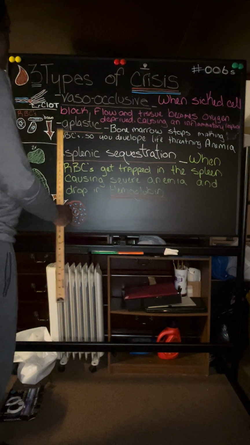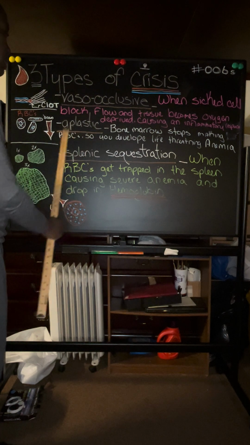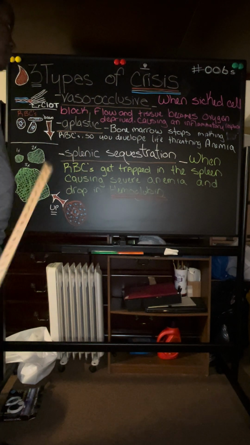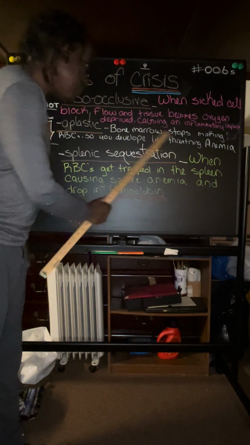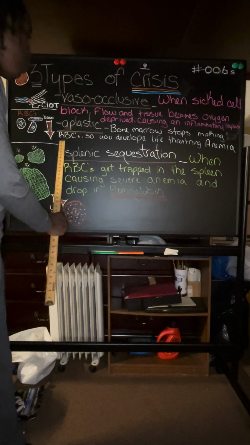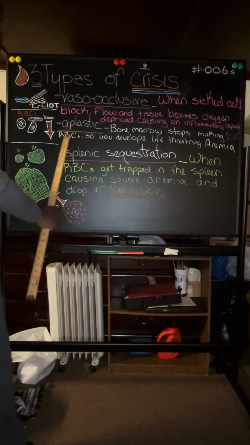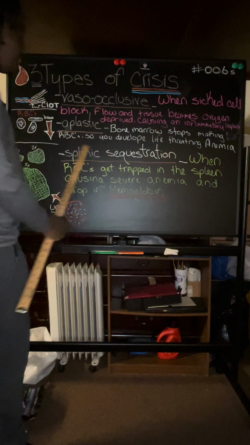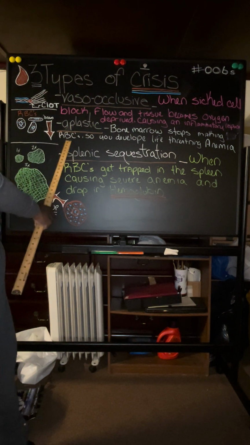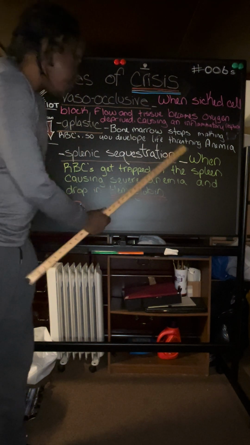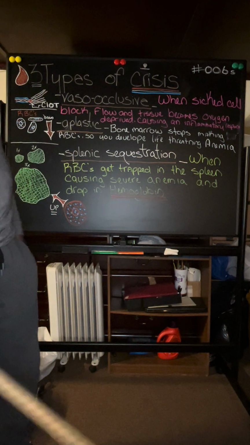Definition number 2, aplastic. An aplastic crisis is when the bone marrow stops making RBCs, or red blood cells. So when bone marrow stops making red blood cells, you develop life-threatening anemia. The red blood cells, something's happening, we don't know.